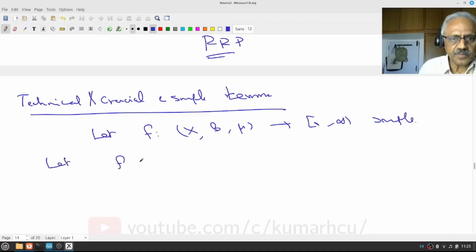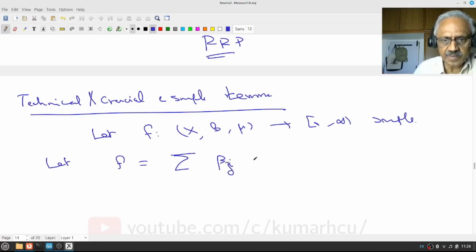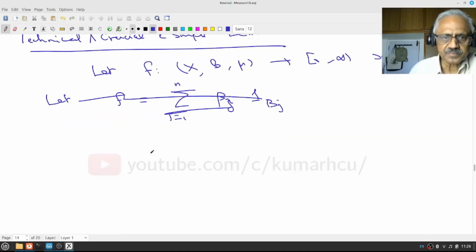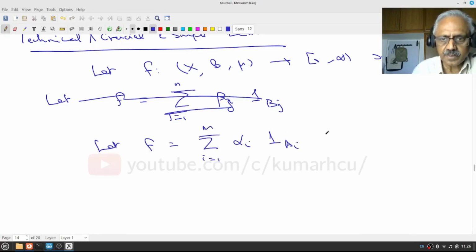Let f equal the summation of alpha_i times the indicator of A_i, i equal to 1 to m, be the standard representation.